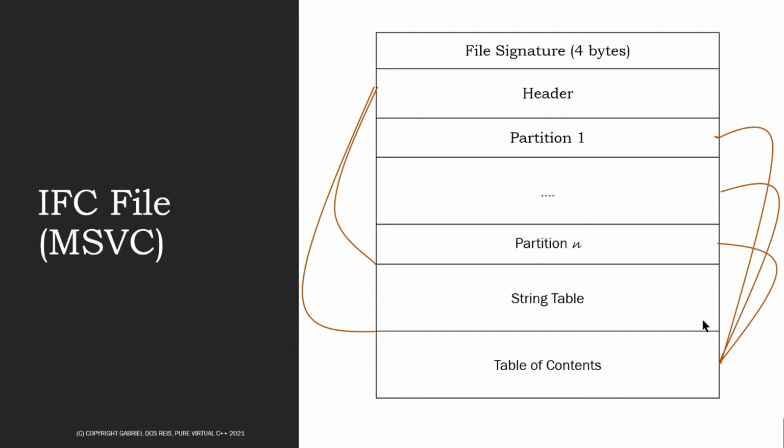And of course, each of those entities have names. So you have a big string table that contains all the names that are in your source file, and the strings and so forth. And near the end of the IFC file, you have what we call the table of contents.